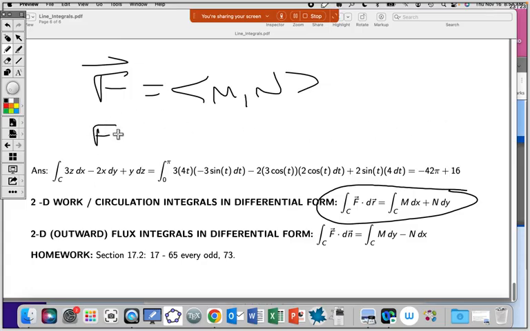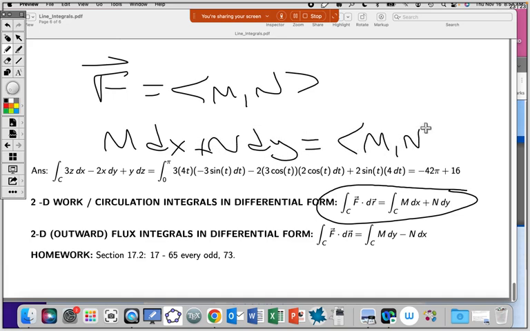So you can loosely think of this as your M, N dot dx, dy. So change in x, change in y. So you're looking at x component in the x direction, y component in the y direction. How much of that do we get? That's your work, circulation.